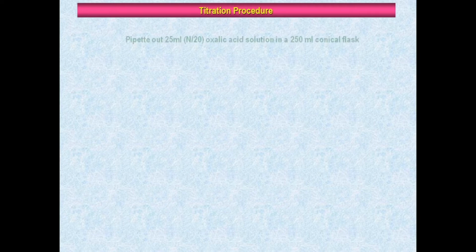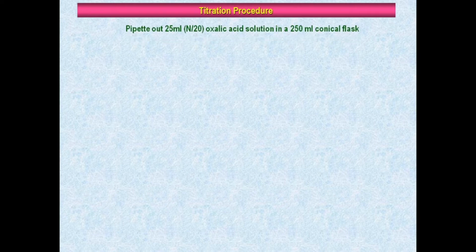Here potassium permanganate is used as titrant and taken in a burette, and oxalic acid is pipetted out in a conical flask. At first 25 ml N/20 oxalic acid is taken in a conical flask using a pipette, and then since the titration is taking place in acid medium, we use 4 normal sulfuric acid to maintain the pH of the solution.